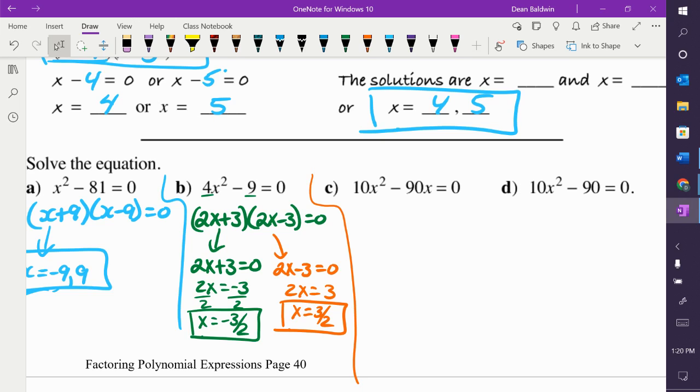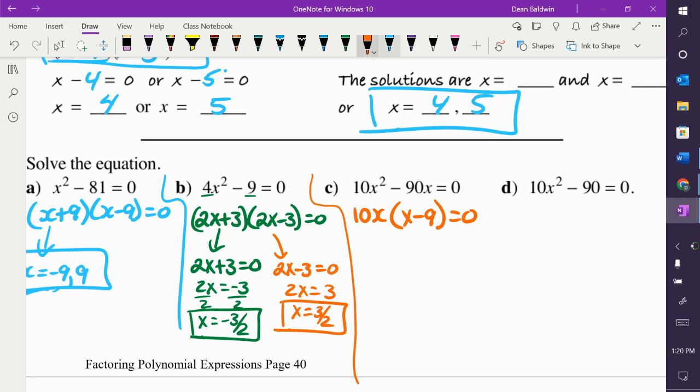Greatest common factor. Is there a greatest common factor in here? 10x. Which leaves what in the brackets? X minus 9.